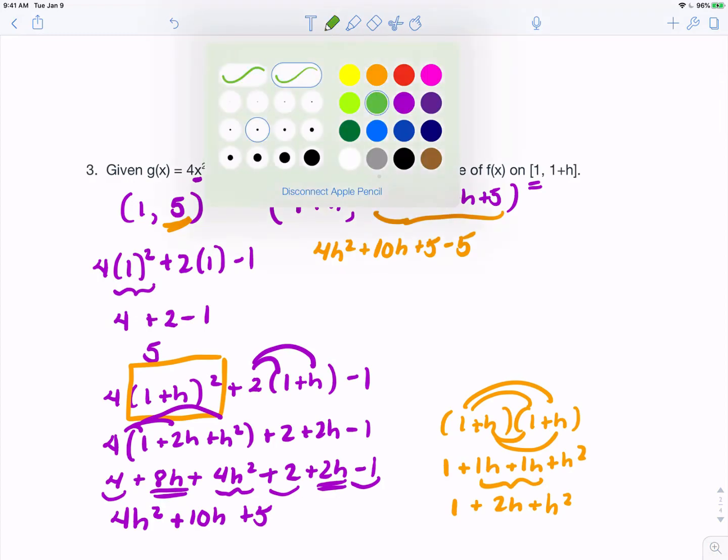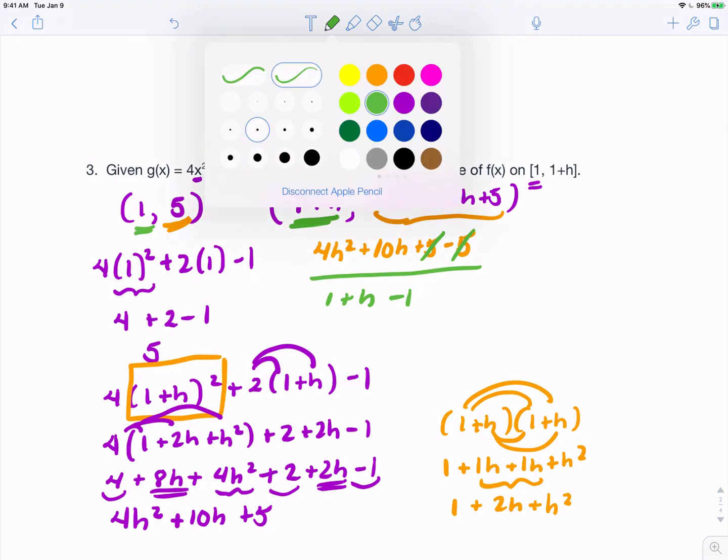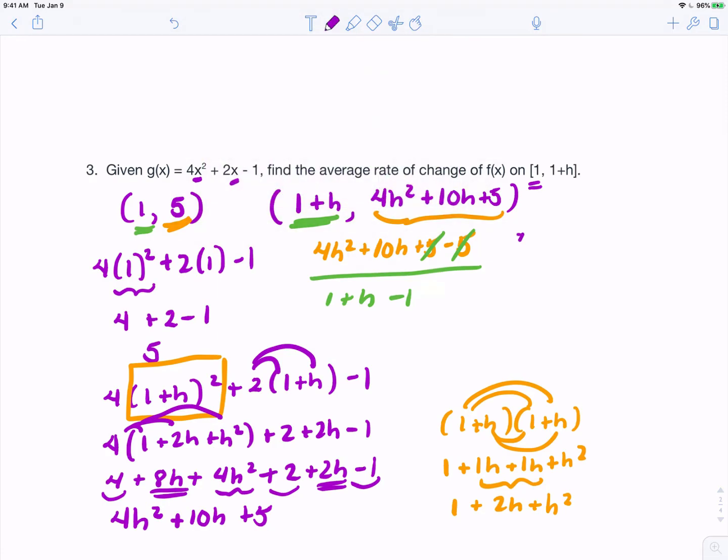And now we'll focus in on our x coordinates, divided by 1 plus h minus 1. And let's go ahead and simplify. These will cancel, and so we have 4h squared plus 10h divided by, these will cancel, h.